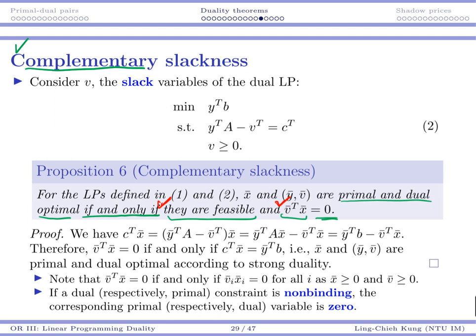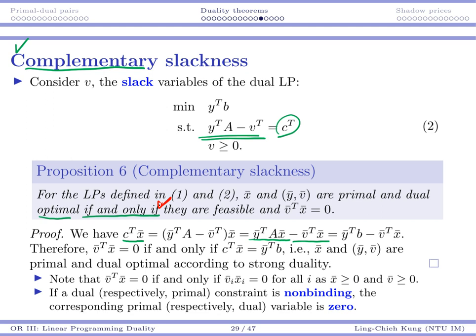So let's see why that is true. We know that C transpose X bar should be equal to this one, because C transpose equals Y transpose A minus V transpose. If it is true for all the solutions, it is true for Y bar, V bar. Then you split the multiplication, and you get Y bar transpose A X bar minus V bar transpose X bar.